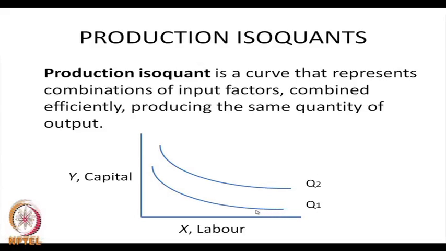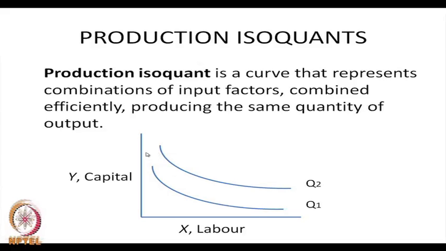So, this is the isoquantity or isoquant curve, meaning that for different combinations of y and x, we could get the same value Q1. Whereas this is an example of another quantity produced, Q2, which can be achieved for different capital and labor, but these two curves are parallel to each other.